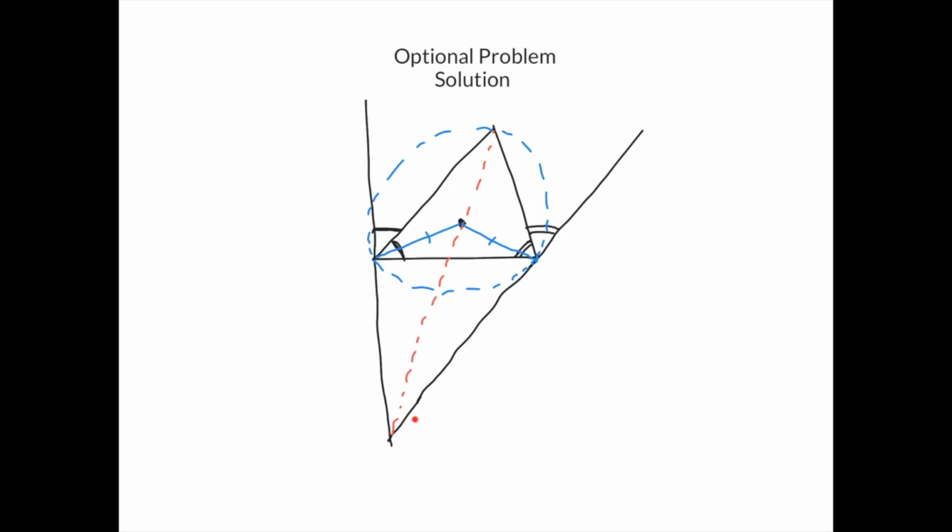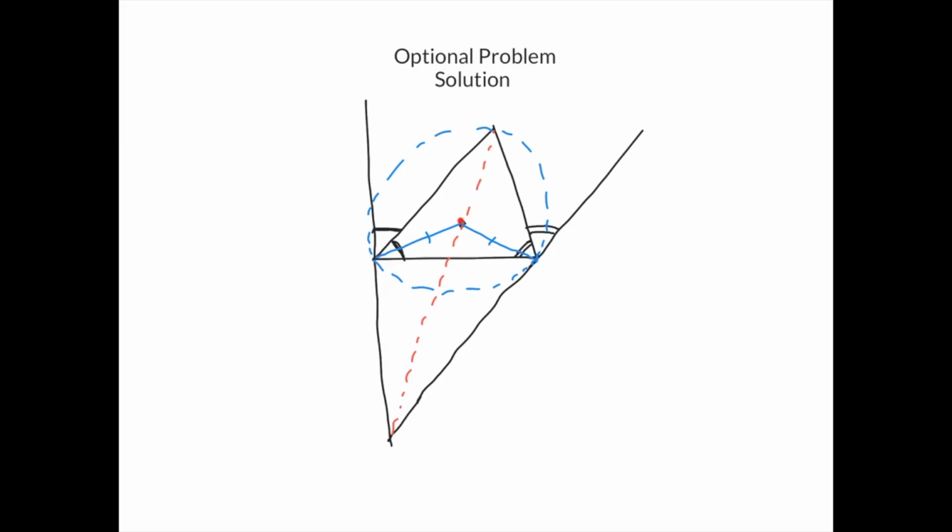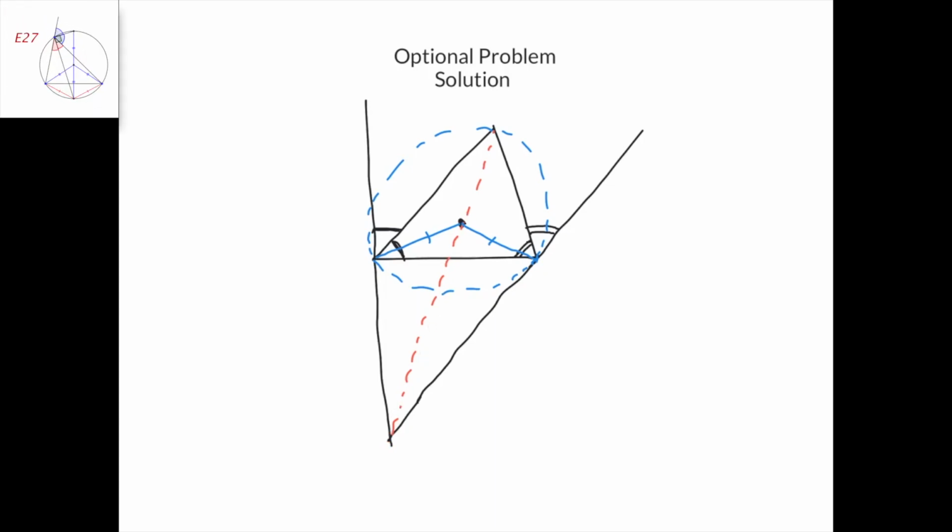Now take a look at this triangle again and this point. This point lies on the perpendicular bisector of this side of the triangle, and we want to prove that it also lies on the angle bisector. And that must remind you of the fact that the angle bisector and the perpendicular bisector of the opposing side always intersect at a point on the circumcircle of the triangle.